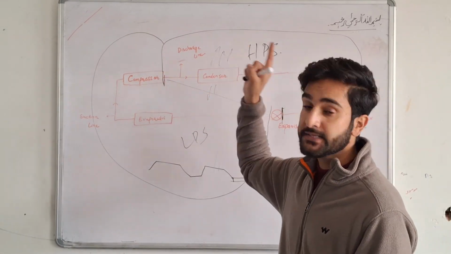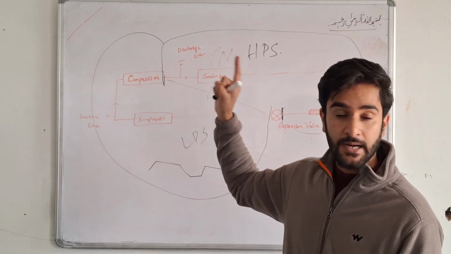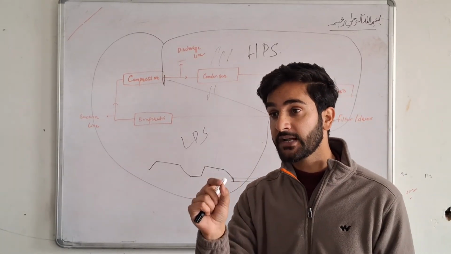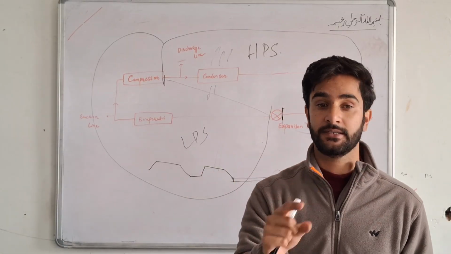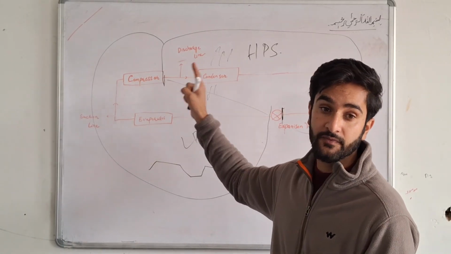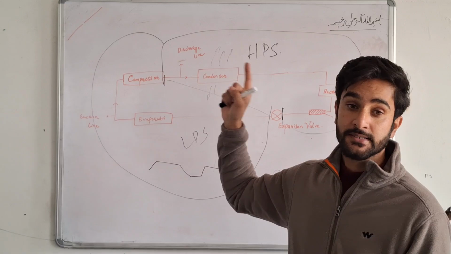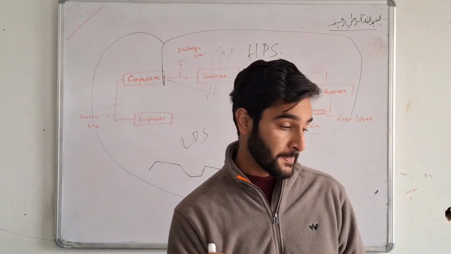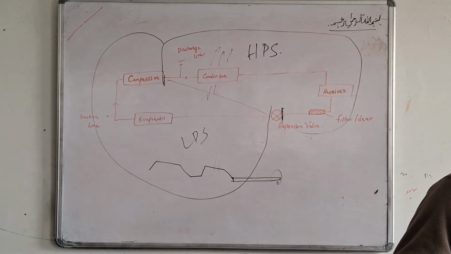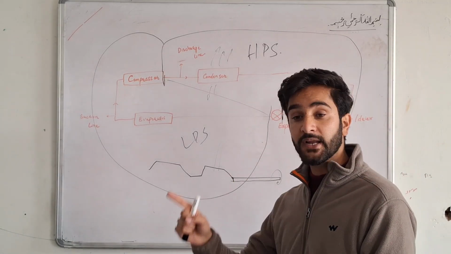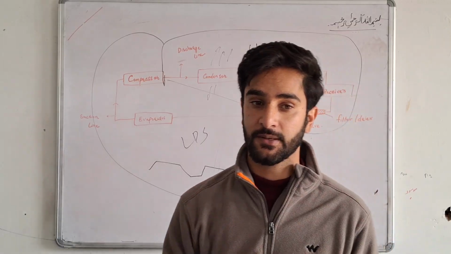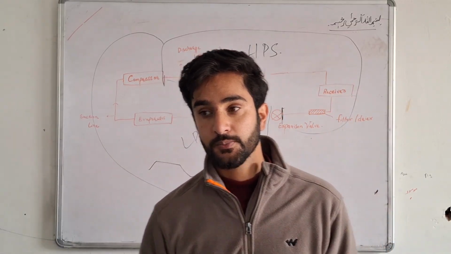Sometimes it is completely dry, and sometimes it is wet, meaning the refrigerant still has some liquid particles. That is called wet saturated refrigerant. Sometimes the refrigerant could be superheated vapor.